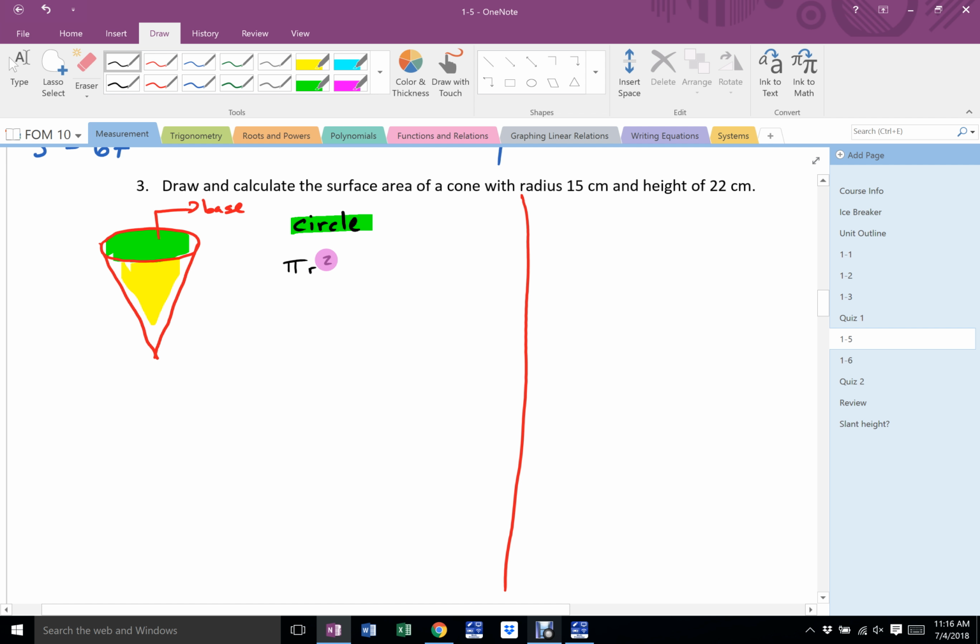But instead of squaring r, because it's not a whole circle, the yellow part, which we call the sides, ends up being pi times r times the slant. Now to find the area, I would have to add a circle and the sides. Now there's a problem here, isn't there? What is S?